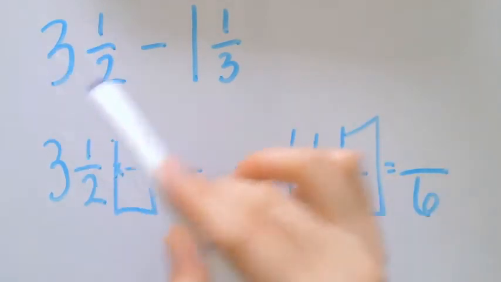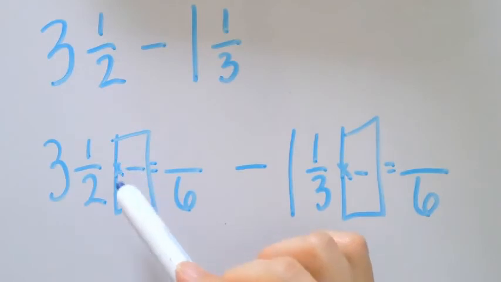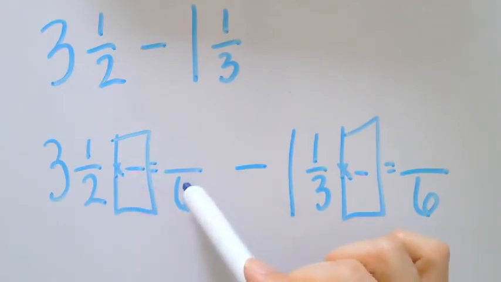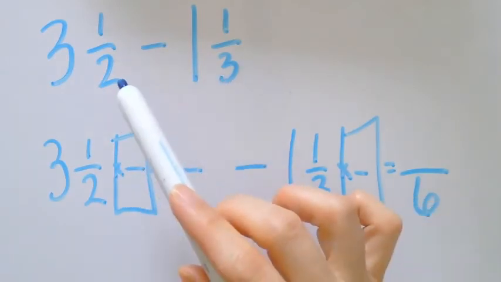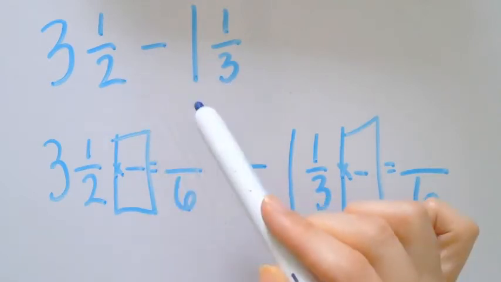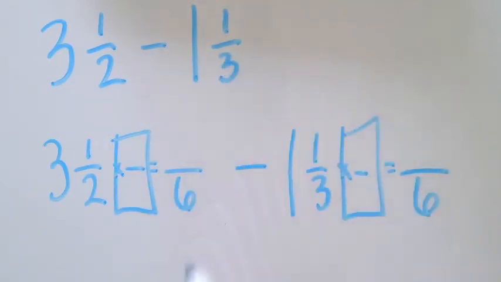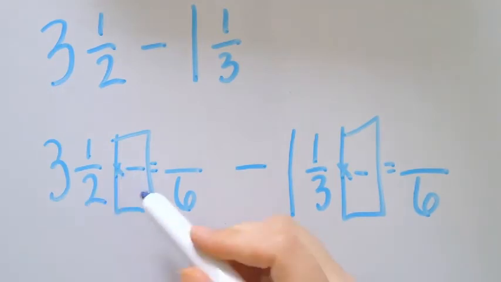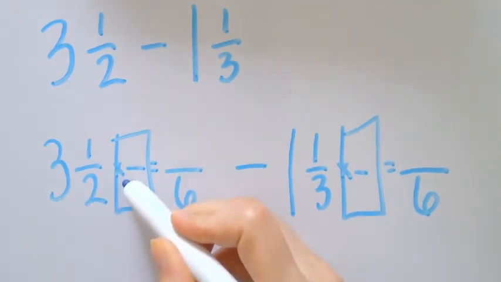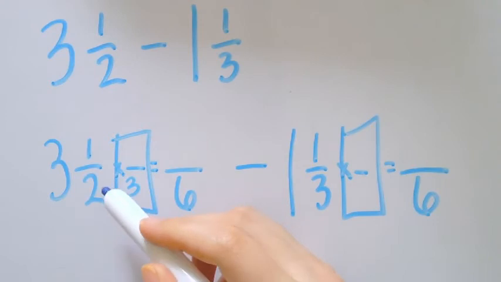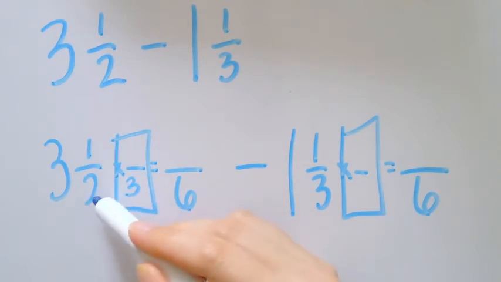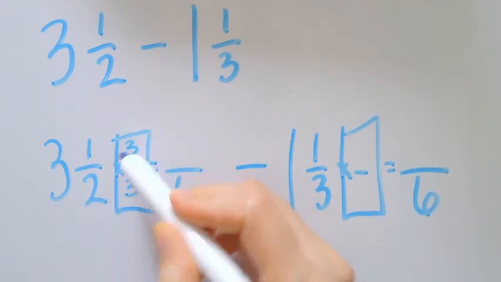All right, 3 1/2, wrote it. I need to multiply something here to get me a denominator of 6. I know that because I need to have a number that they both have in common, the smallest, most common number. Okay, so 2 times what would give me 6? 3. If I multiply a 3 with my denominator, I must multiply a 3 with my numerator.